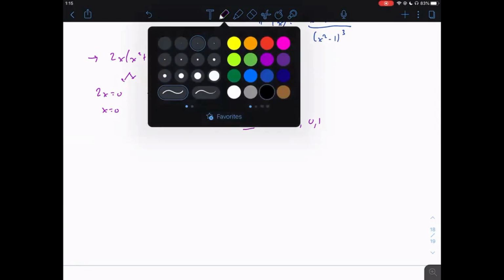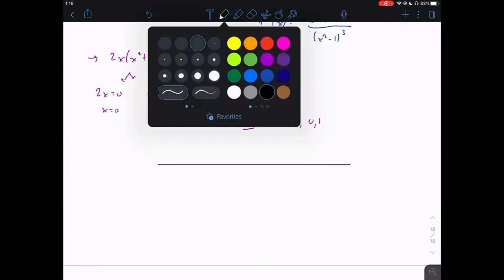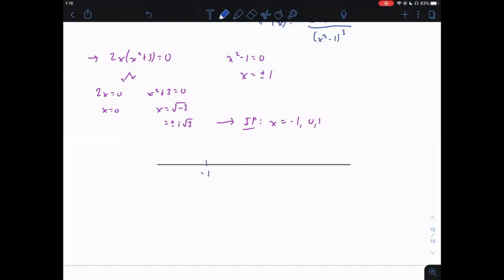All right, so now it's time for the number line test to determine our concavity. Again, we draw a number line and mark our inflection points, which we found to be negative 1, 0, and 1. And again, we're going to be testing the second derivative now.